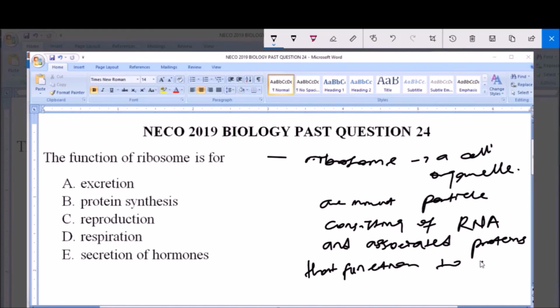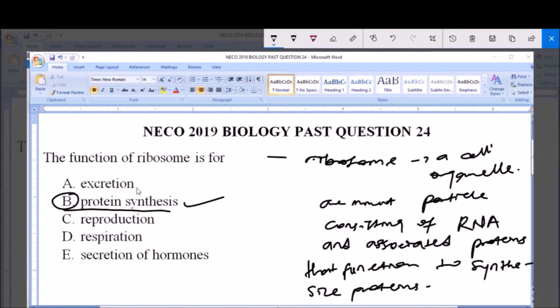The RNA and these associated proteins function to synthesize protein. That is, they're responsible for protein synthesis. Therefore, ribosome functions for protein synthesis, and that is option B, due to the RNA and associated protein it contains.